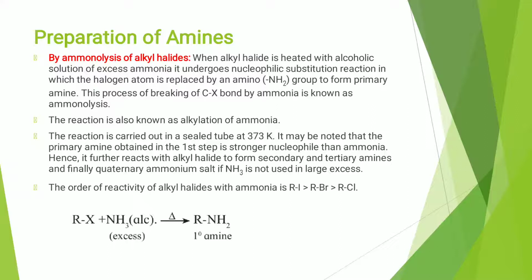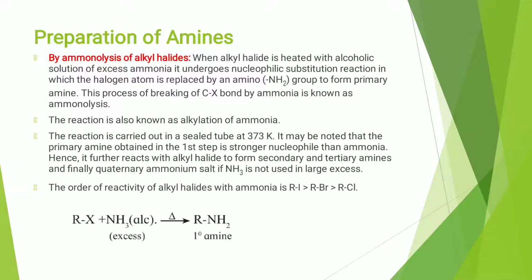So if we want only the primary amine, excess of ammonia should be used. If ammonia is not used in excess, we will get a mixture of secondary, tertiary and quaternary ammonium salts.